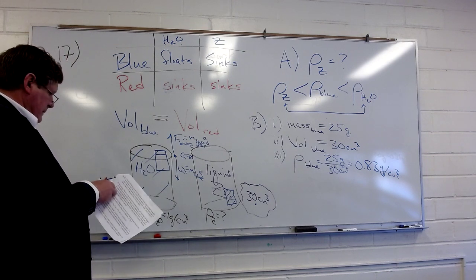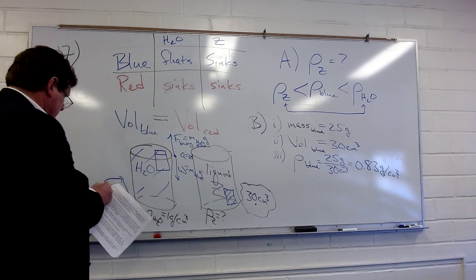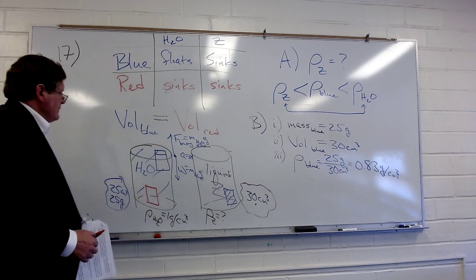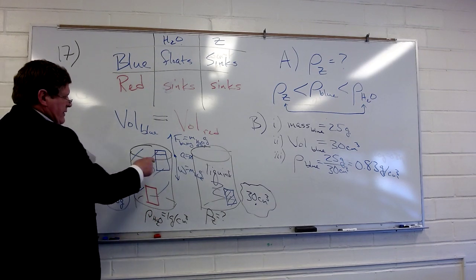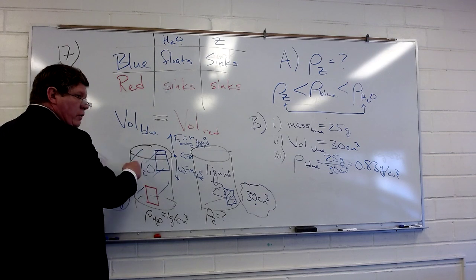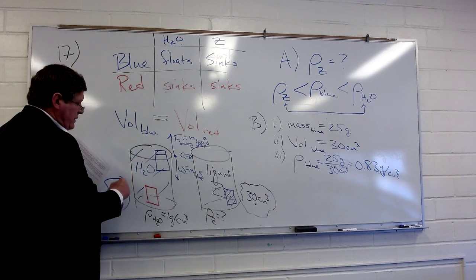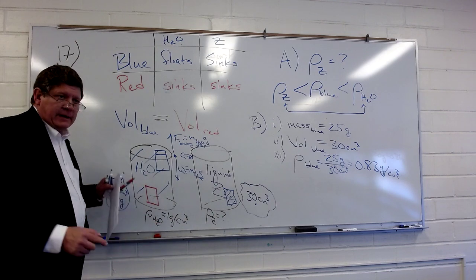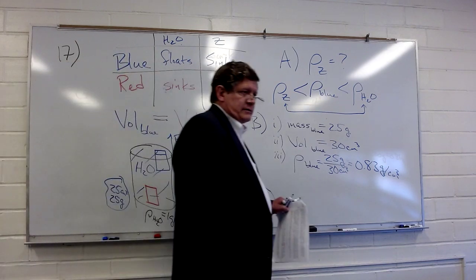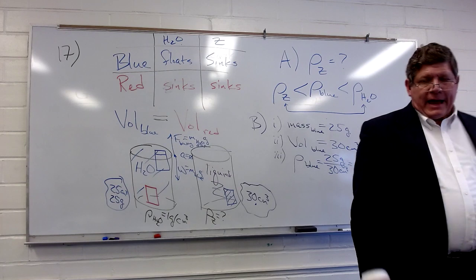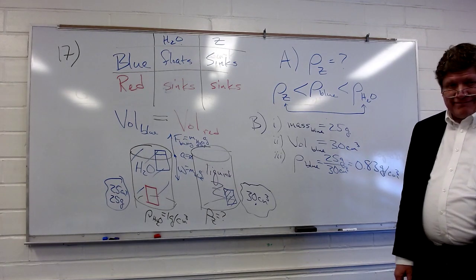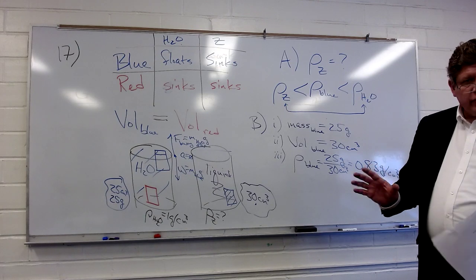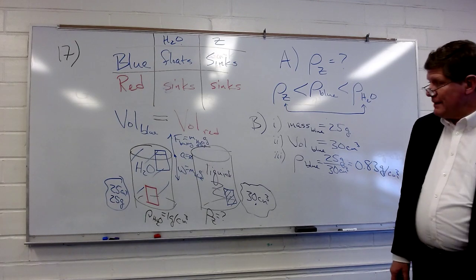Now, what's the same here? The buoyant force on the blue object in the water versus the buoyant force on the red object in the water. Both objects are in the water, okay? And they both have the same size, okay? Both of them are displacing the same fluid, water.